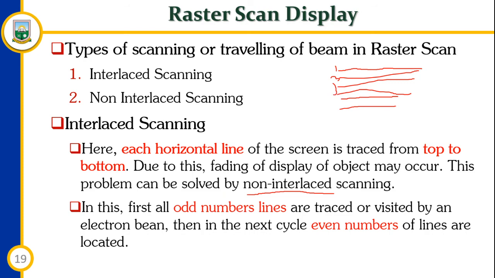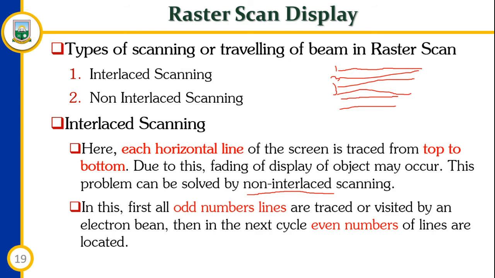Then in the next cycle, it traces all the even lines that are located directly under the odd lines. You should also be mindful that if the refresh rate was somewhere 30 Hz or cycles per second, then each pixel can be visited at most once every 1/60th of a second.